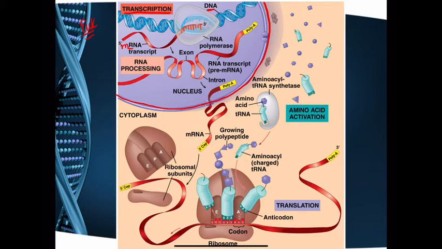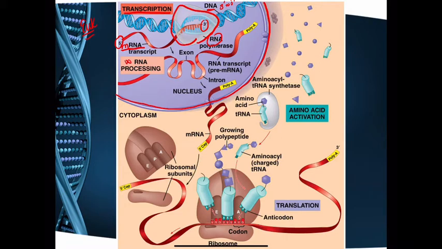So we're reading the DNA on the 3' to 5', and we're making the RNA in the 5' to 3' direction. We've got this major enzyme that's going to do all of the work, that RNA polymerase. Once we get that DNA copied into mRNA, we've got that primary transcript.